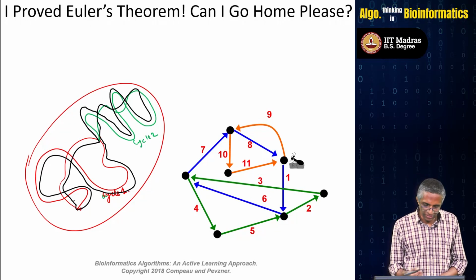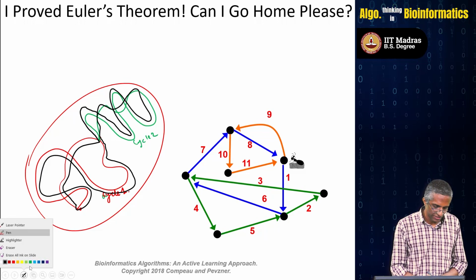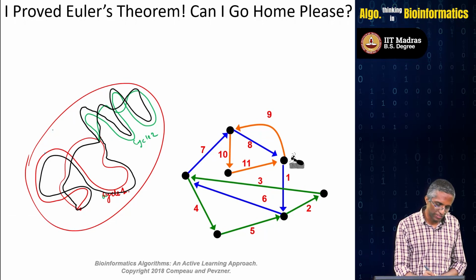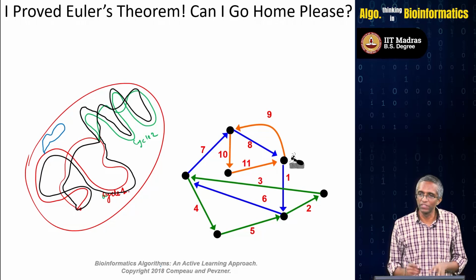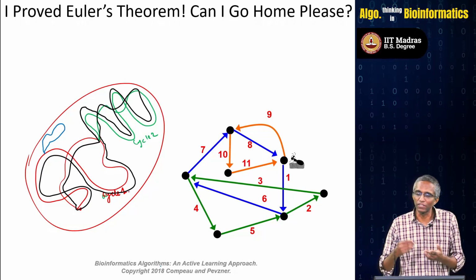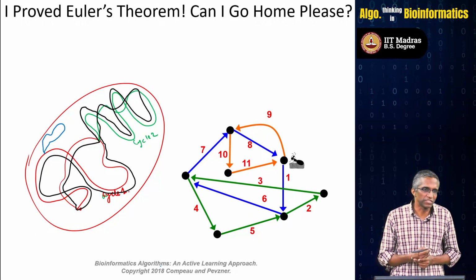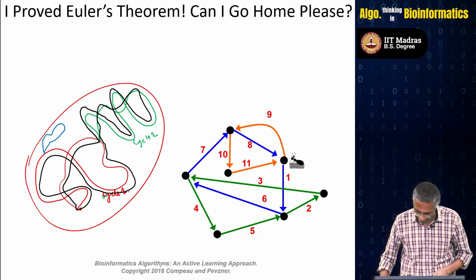And then if there are still some things missing, maybe there are still some nodes here and some edges which are missing, then you can also go cover them and come back, and then you can merge this blue and the black cycle, and so you can keep on enlarging the cycle until you cover all of the edges exactly once.